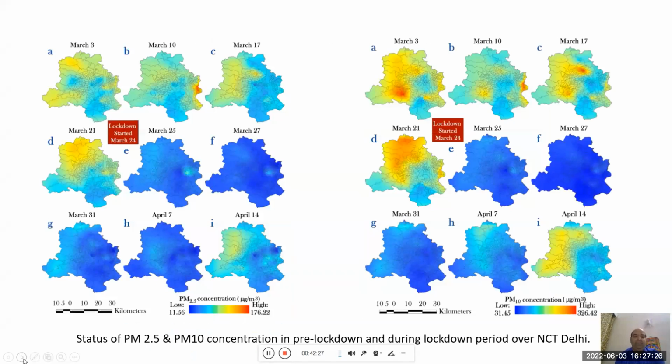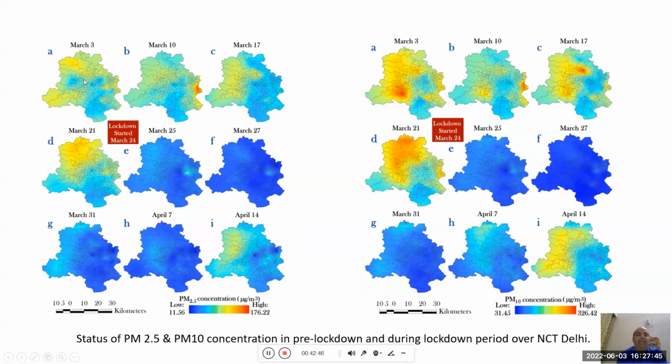So you can see here the status of PM 2.5 and PM 10 concentration in the pre-lockdown and during the lockdown period over NCT Delhi. You can see from the months and the dates what the color coding was, and here the color coding shows you the categorical values.